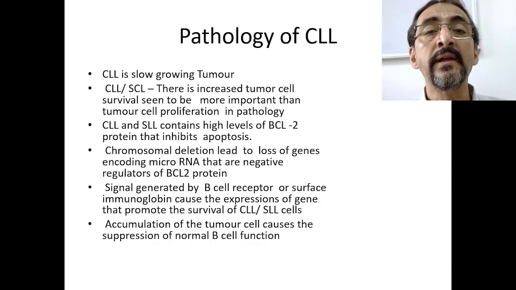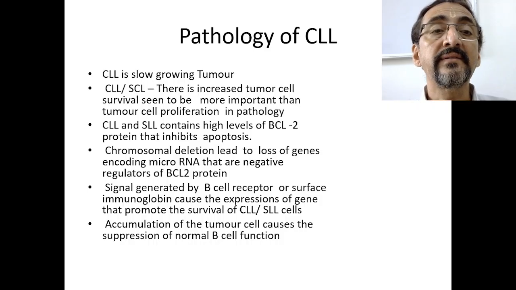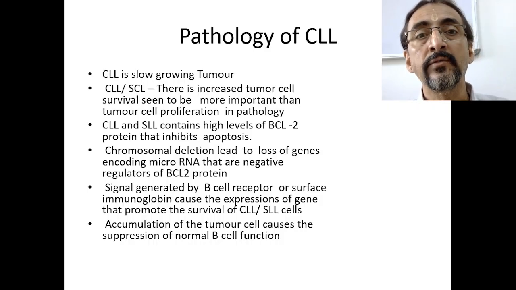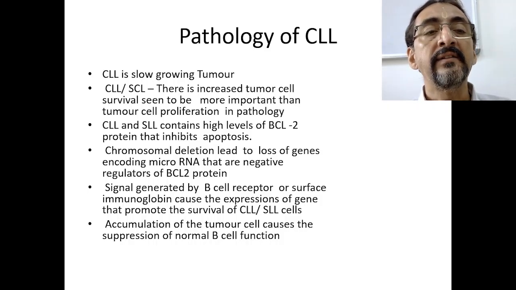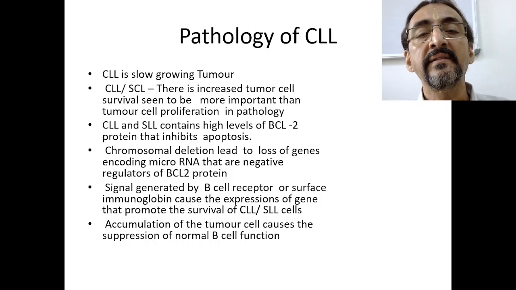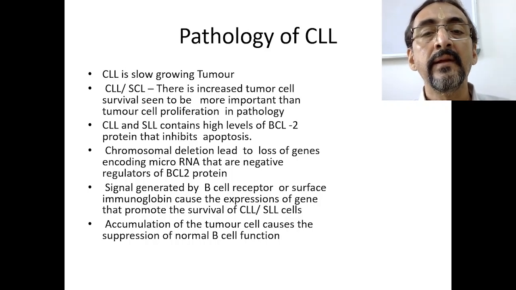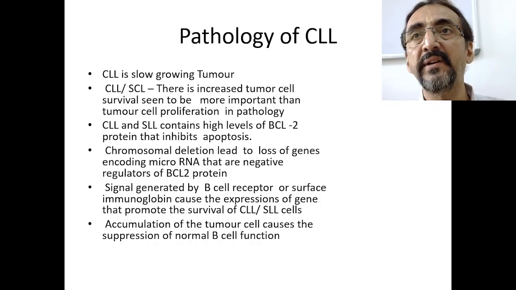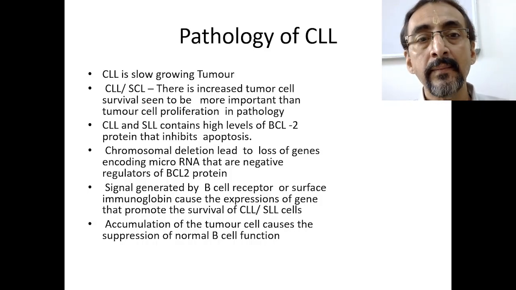Proliferation is not very important, but increased tumor cell survival period is very important. CLL and SLL contain high levels of BCL2 protein that inhibits apoptosis. That means tumor cells will not be destroyed, they will survive more because there is inhibition of apoptosis.